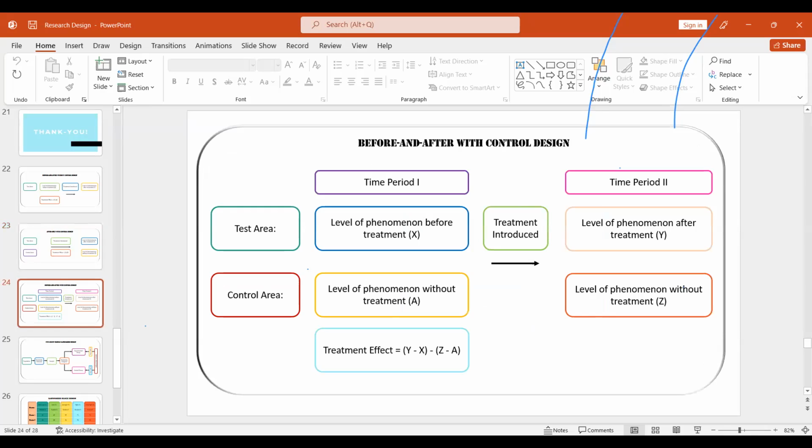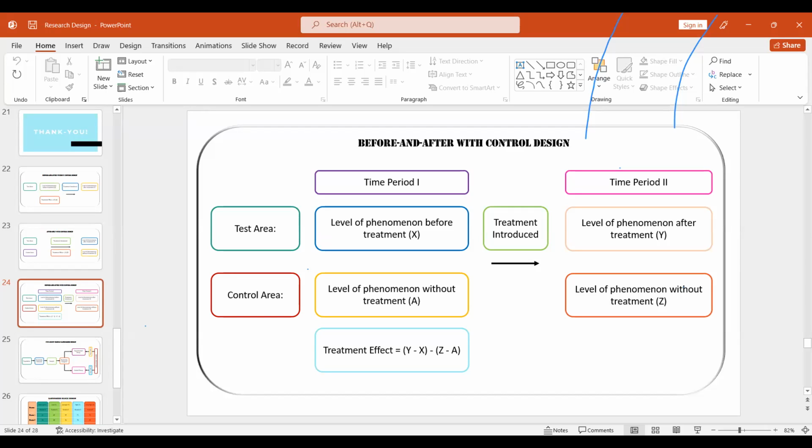And the third is before and after with control design. In this design, two areas are selected. That is level of phenomena before treatment and level of phenomena after treatment, that is Y. And the dependent variable is measured in both areas for an identical time period before the treatment.